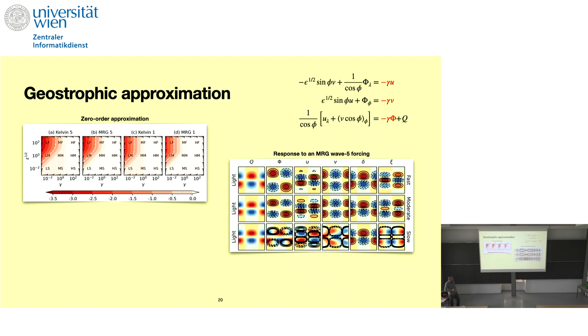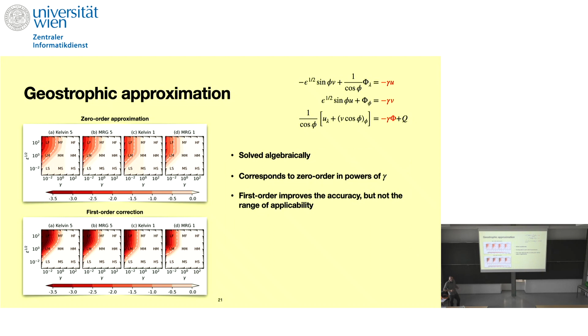The geostrophic balance also corresponds to a zero-order approximation in powers of gamma. And so we can add the next order. When we do that, we indeed get the accuracy improves, but only within the regions we identified in the zero-order approximation. That's because outside those regions, the solutions were, as I showed earlier, far from geostrophic.